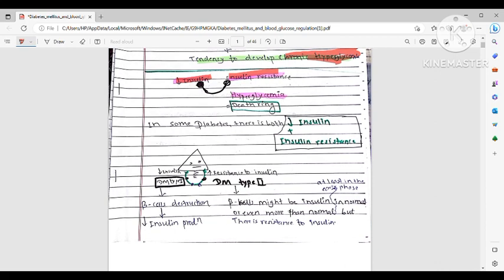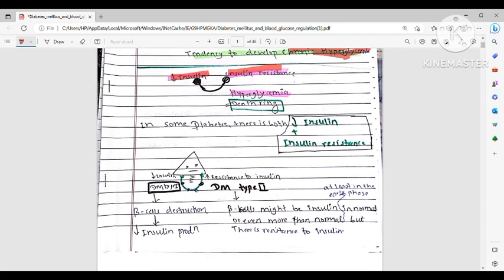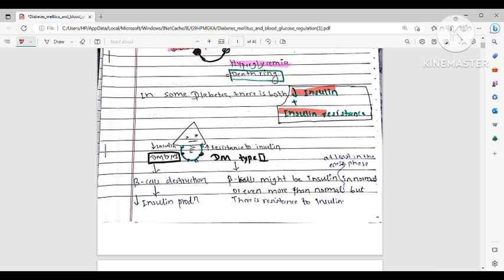In some diabetes there may be both a deficiency of insulin as well as insulin resistance that can lead to hyperglycemia. Look here, deficiency of insulin leads to type 1 diabetes mellitus, but increased resistance to the insulin leads to type 2 diabetes mellitus.